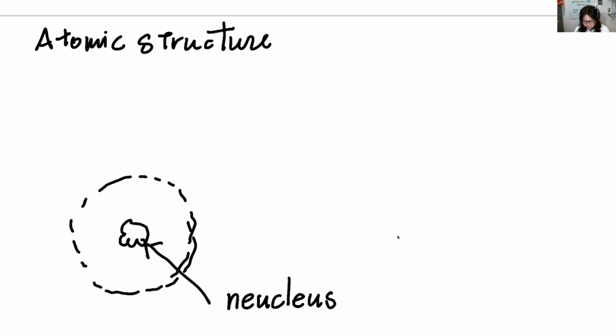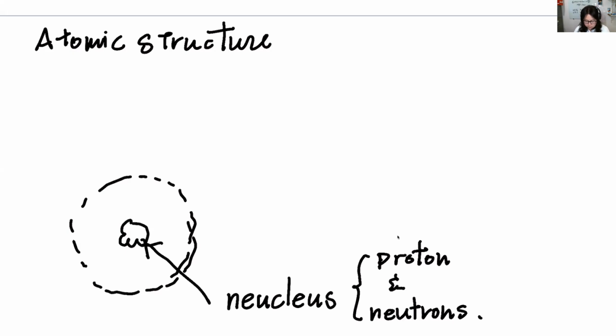And inside the nucleus, you're going to find smaller particles called protons and neutrons. All right. And around the nucleus, you have this E minus, which is the electrons. So atoms are made of electrons, protons, and neutrons in the nucleus.